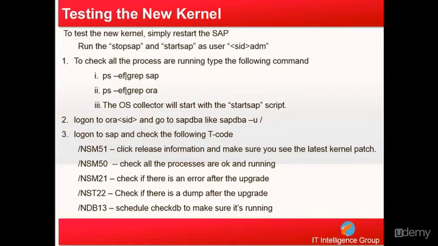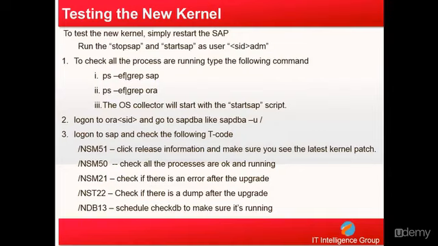Next, we need to validate whether the kernel that we have upgraded, the patch we have applied, is in working condition or not. To do that, we stop SAP, then start SAP as user cdadm, and to make sure that SAP has started properly, search for the processes, SAP or Oracle, to make sure that it is up and running.